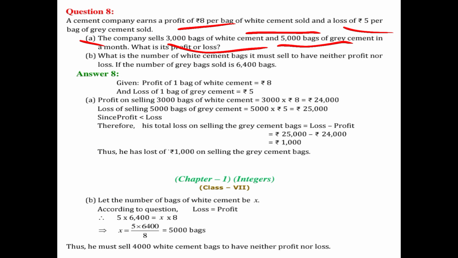On some day the company sells 3,000 bags of white cement and 5,000 bags of grey cement. Now remember that for white cement the company earns a profit of 8 rupees, and for grey cement the company has a loss of 5 rupees per bag.